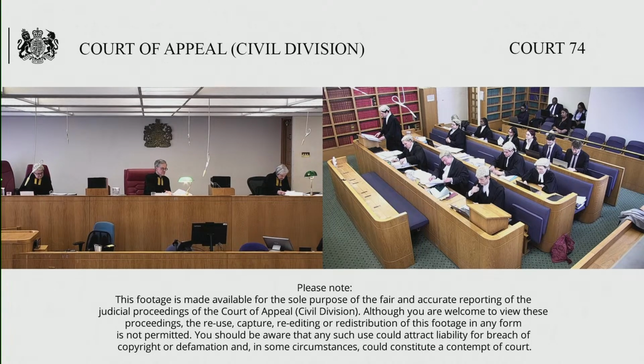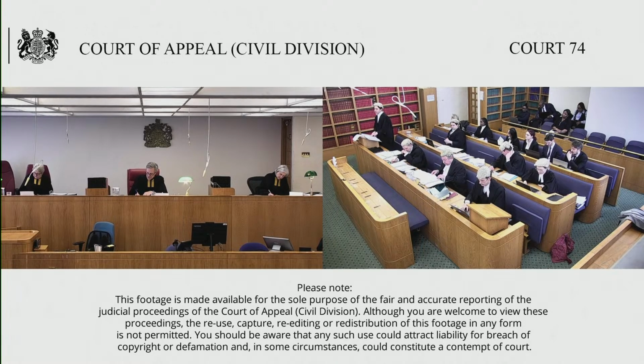In my respectful submission, we're in the general rule rather than the exception territory for 2 reasons. First, this is not a case in which the judge was asked to consider a point that subsequent authority has shown he dealt with incorrectly, so that he was wrong and his error should be rectified.